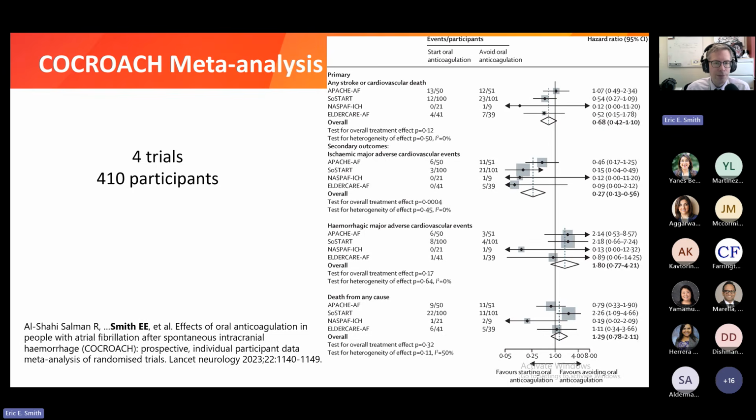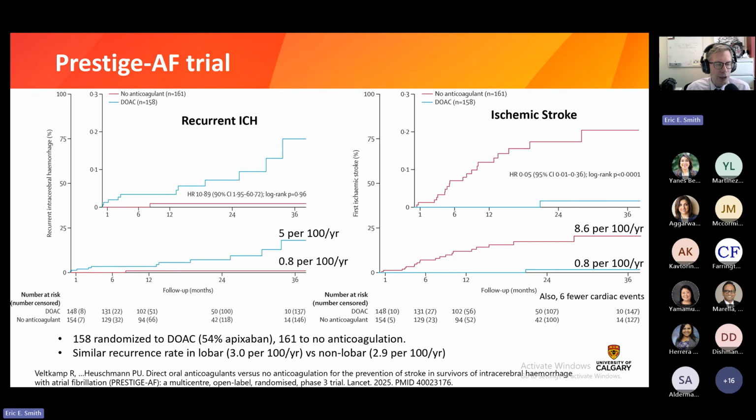And this was confirmed in the PRESTIGE-AF trial, recently published in the Lancet and presented at the last ISC. PRESTIGE-AF is the first larger scale trial of anticoagulation versus aspirin or a no anticoagulant strategy, rather, in patients who were survivors of an ICH.